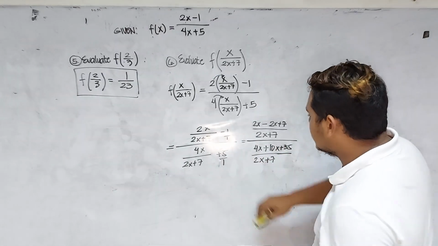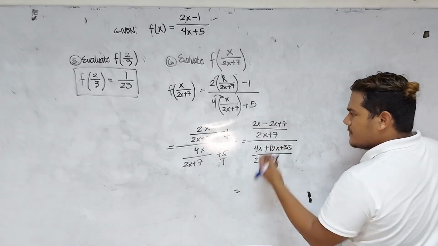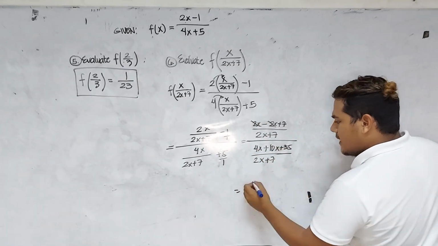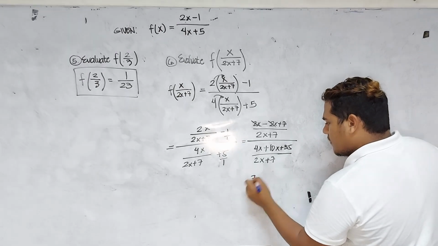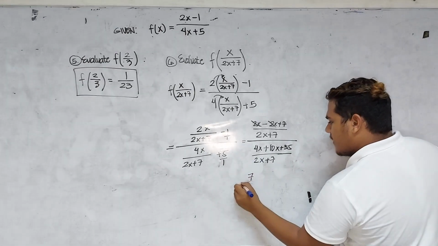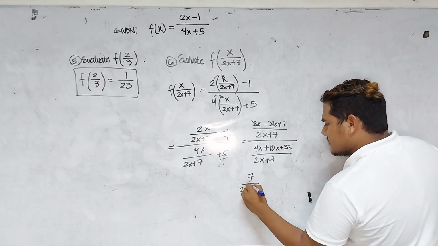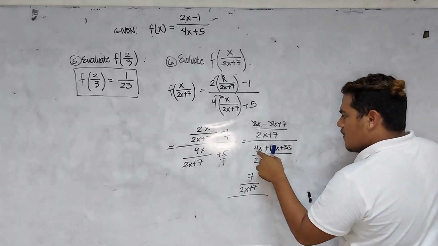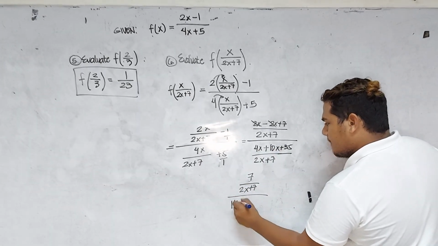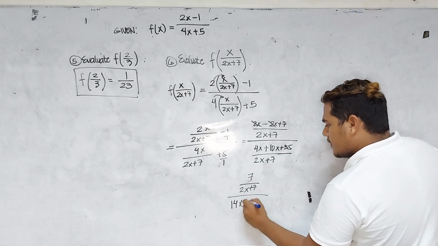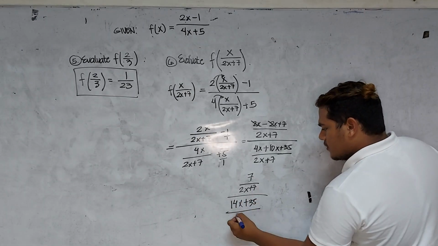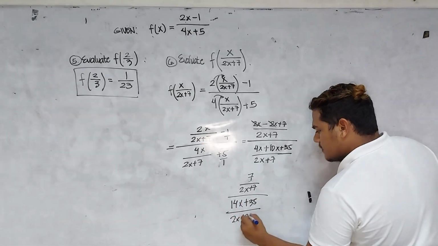Combine like terms. What will happen here? 2x minus 2x, cancel out. What remains is 7, 7 over 2x plus 7. Over 4x plus 10x, 14x plus 35, over 2x plus 7.